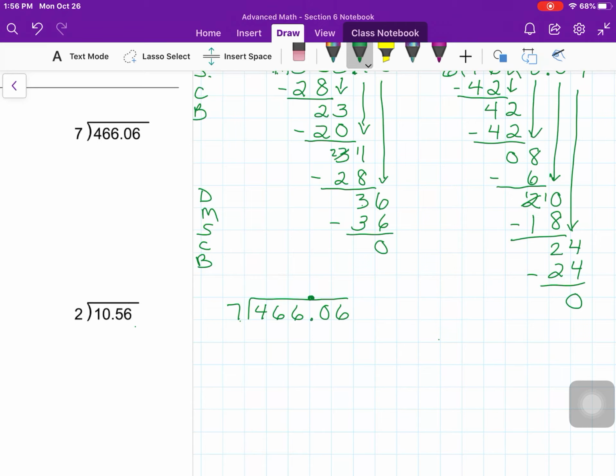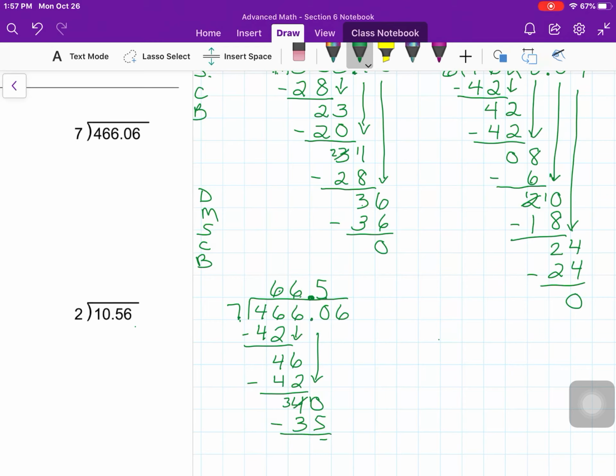7 into 46. It goes in there 6 times, and 6 times 7 is 42. Subtract, and you end up with 4. Bring down the 6, because that's smaller, we checked it. And 7 into 46 goes in there again 6 times. 7 times 6 is 42. Subtract, and you get 4. 4 is smaller than 7, so bring down that 0. 7 goes into 40 5 times. 5 times 7 is 35.